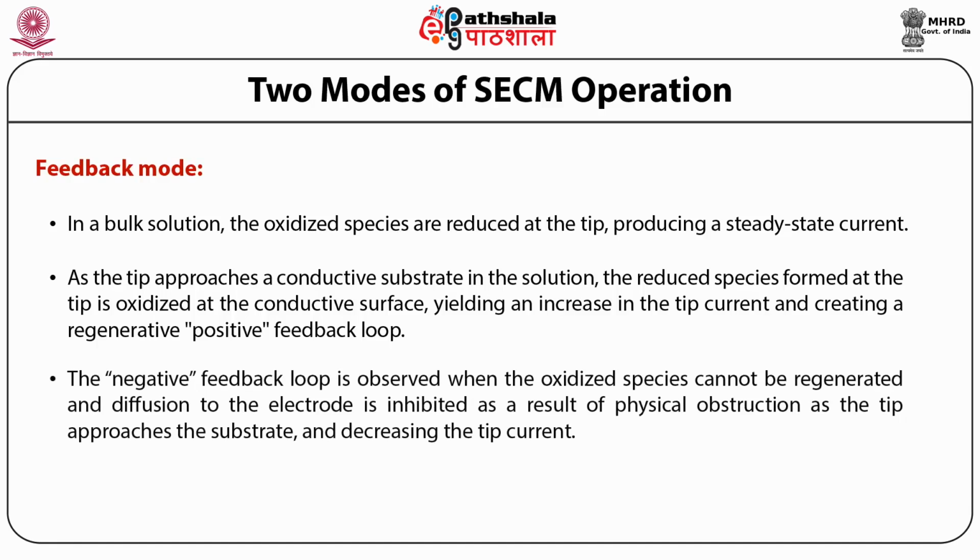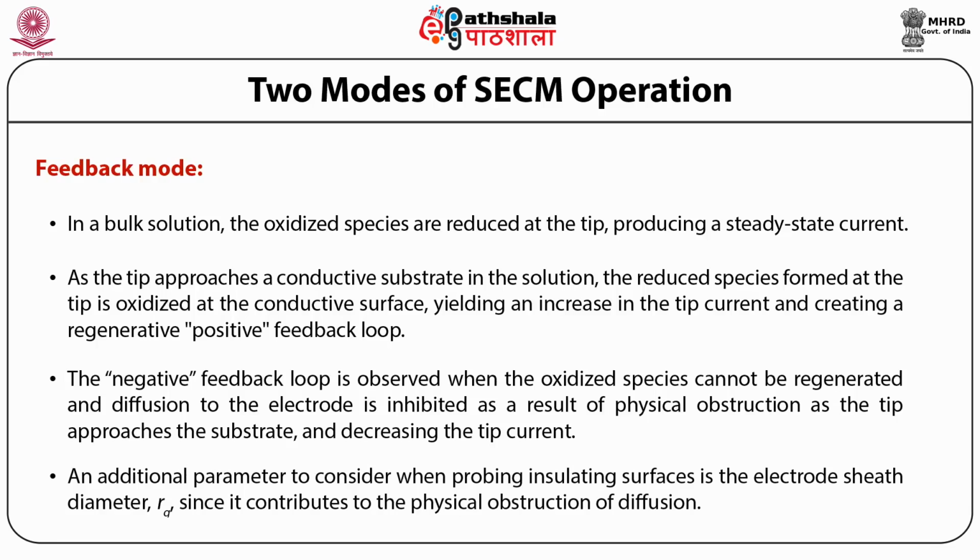Negative feedback is observed when the oxidized species cannot be regenerated and diffusion to the electrode is inhibited as a result of physical obstruction as the tip approaches the substrate, decreasing the tip current.